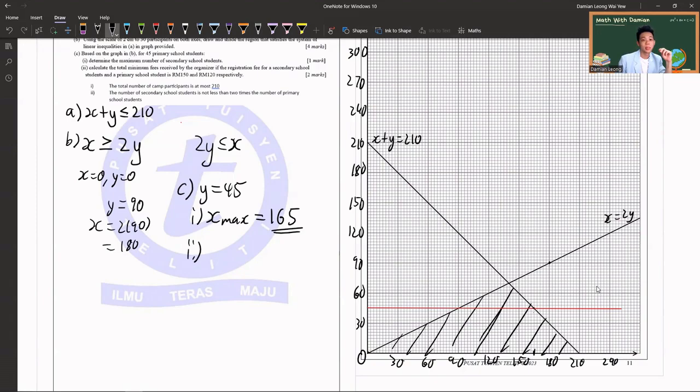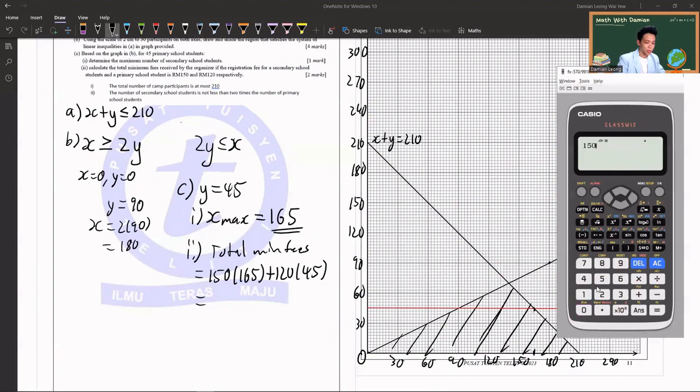So if I consider the highest number of secondary students, means the total minimum fees is 150 times maximum x plus 120 times the 45 for the y value.